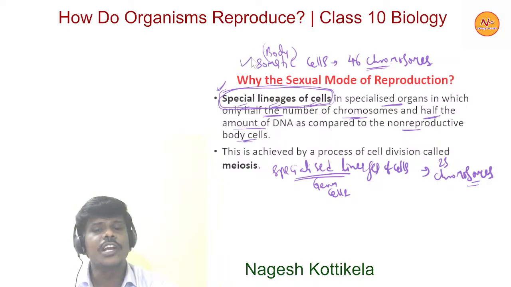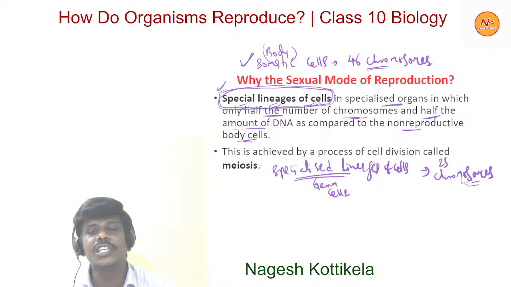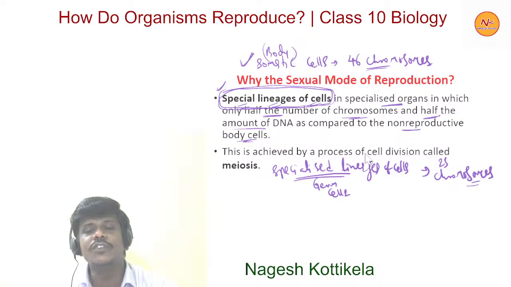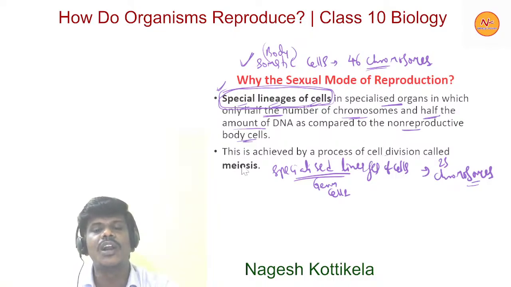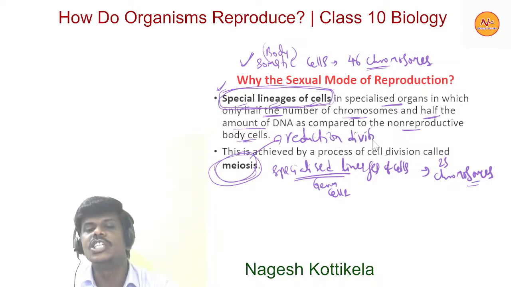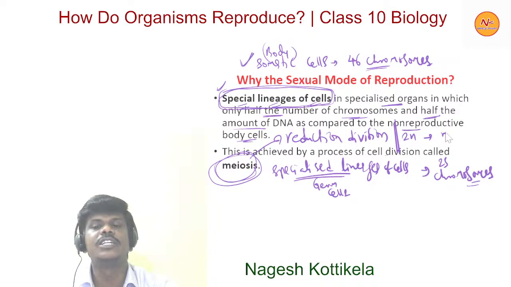So the non-reproductive body cells have 46 chromosomes in humans, and the reproductive cells, the germ cells or gametes, have 23 chromosomes. This is half the number of 46. This is achieved by the process of cell division called meiosis. In meiosis, reduction division occurs. The diploid cells divide and form haploid daughter cells.